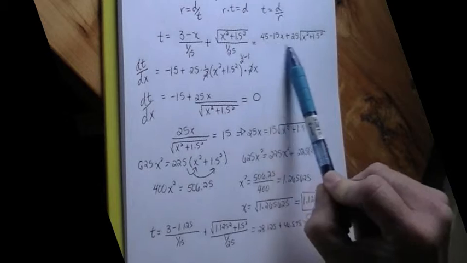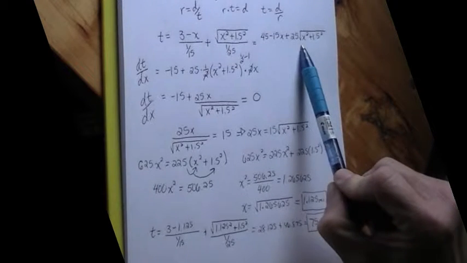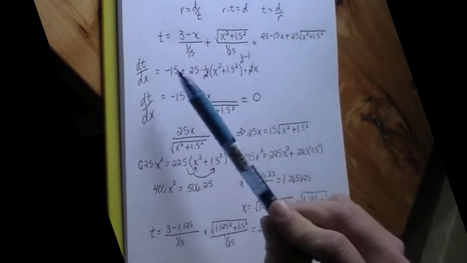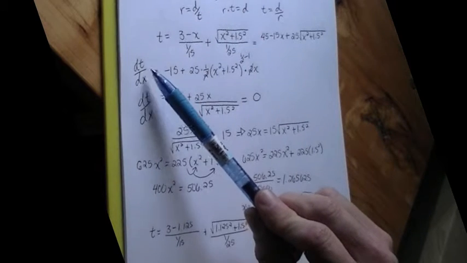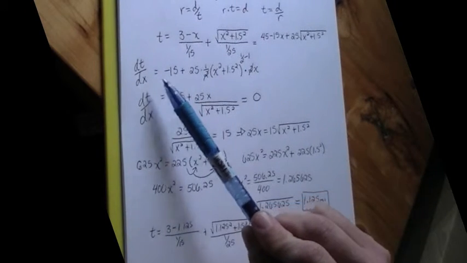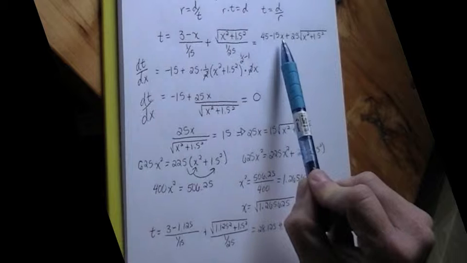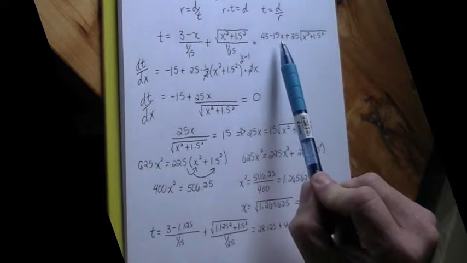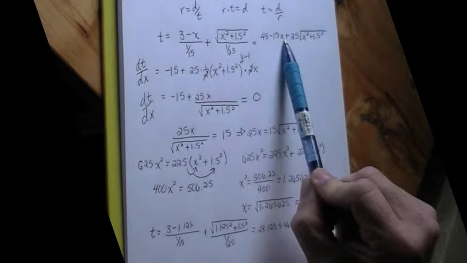Now I'm ready with my time function to take the derivative. So dt/dx, the rate of change of time with respect to x, will be 0 minus 15, because the derivative of negative 15x is negative 15.